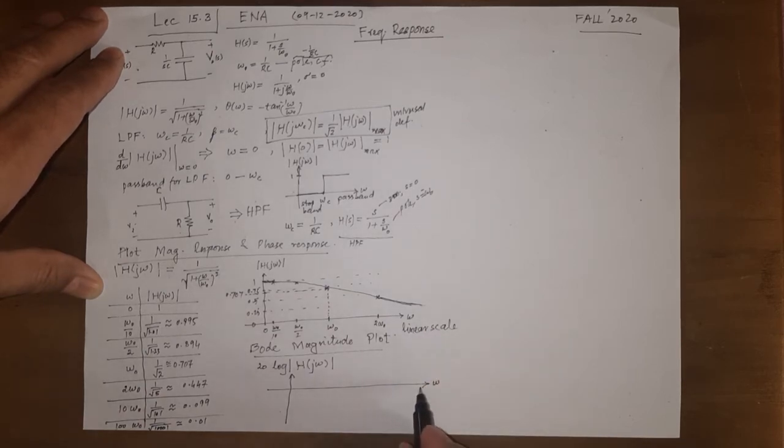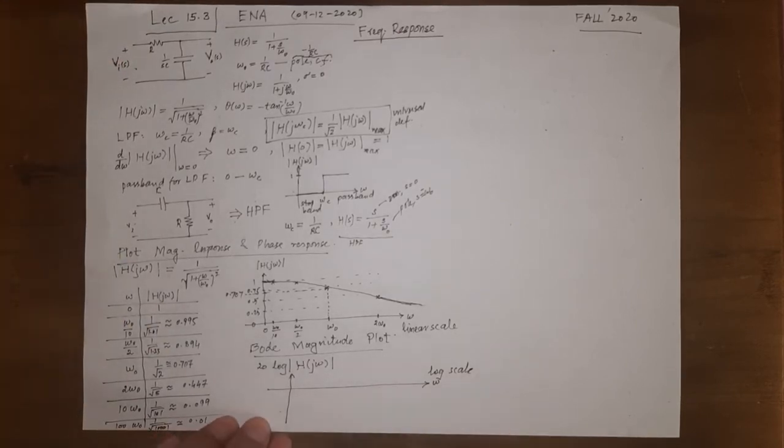Bode said, if we take a logarithmic scale for omega, it can be done in two ways. Either on a linear graph, instead of plotting omega, we plot log of omega, or we keep omega as omega, but the scale actually is taken to be logarithmic.